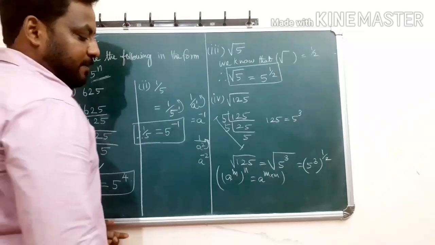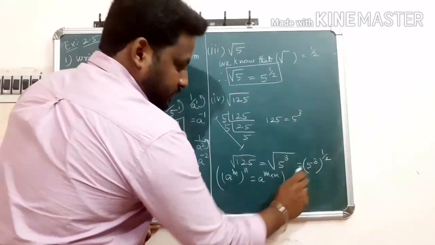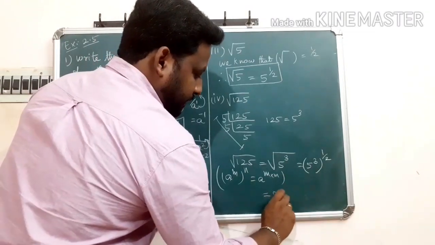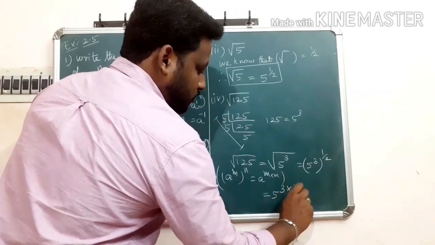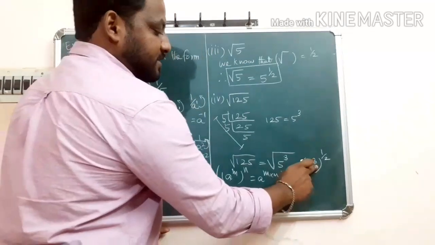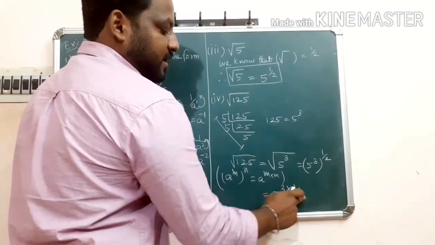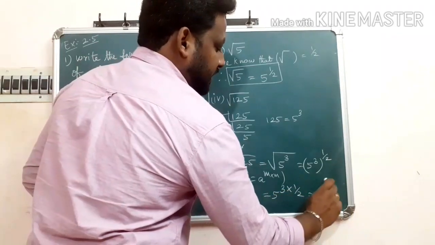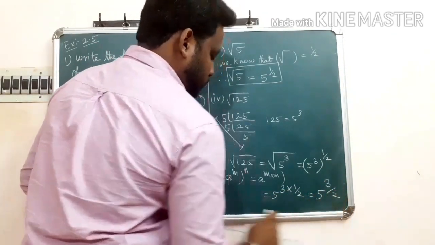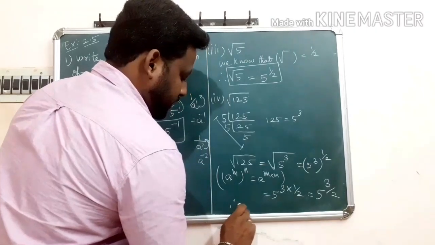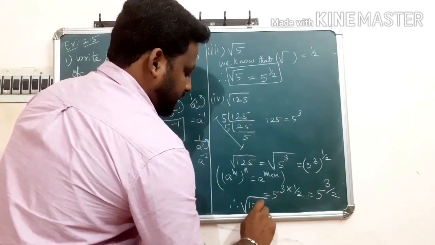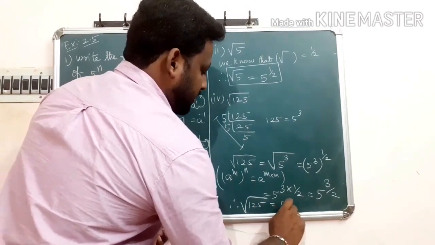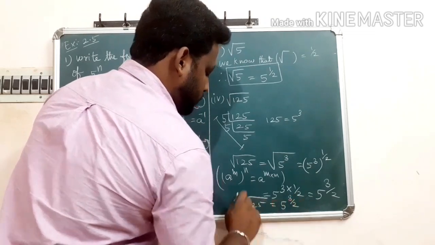So that is 5 power 3 into 1 by 2. Here m is 3, n is 1 by 2. So m into n means 3 into 1 by 2, which is equal to 5 power 3 by 2. So therefore, square root of 125 is equal to 5 power 3 by 2.